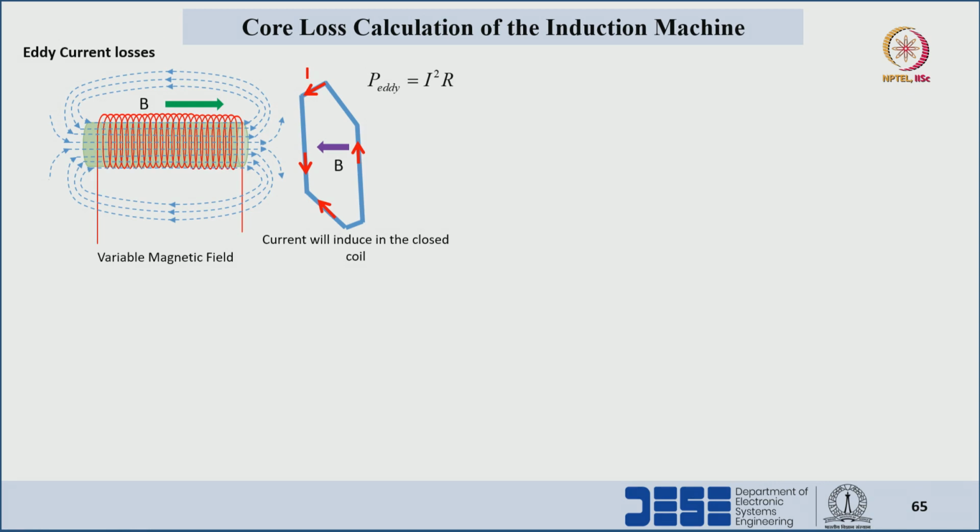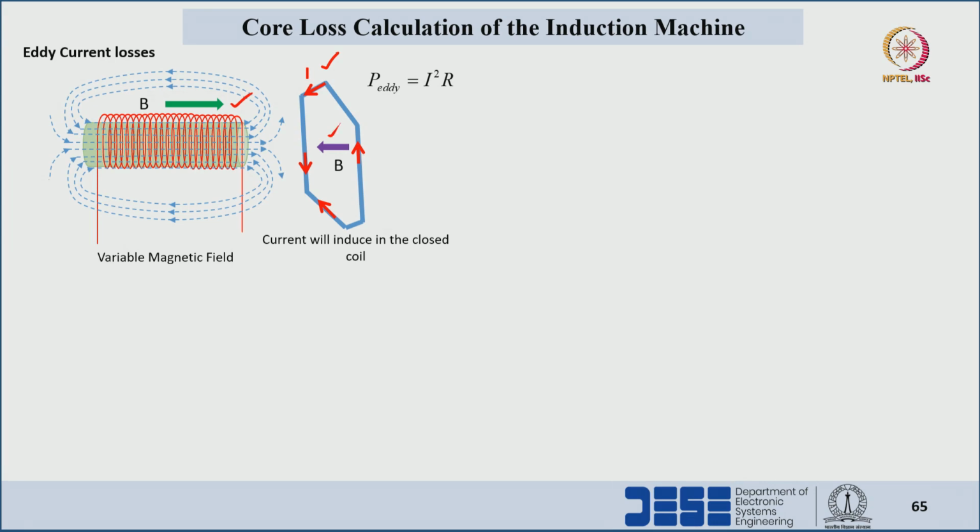The eddy current losses are caused because of the induced currents in a magnetic material. As per Faraday's law, if we place a closed coil in a magnetic field, there will be an induced current. These induced currents result in induced magnetic fields that are exactly opposite to the applied magnetic fields. We can see the applied magnetic field in green color and the induced magnetic fields in black color.